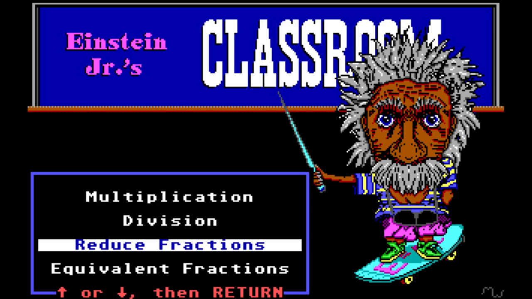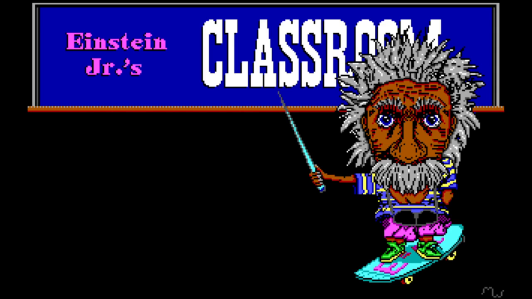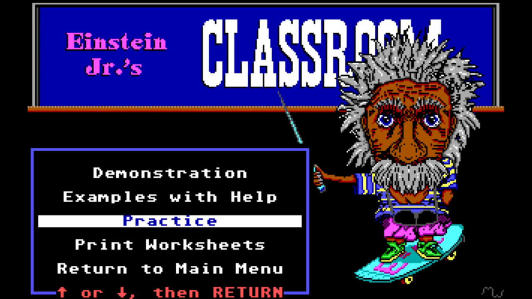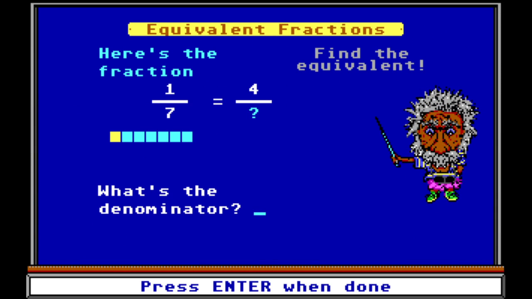Now you've also got division, reduction of fraction, and equivalent fractions. Let's take a quick peek at what the fraction game looks like. So in order to find an equivalent like this, just multiply across the same way. 1 times 4 gets you to 4.